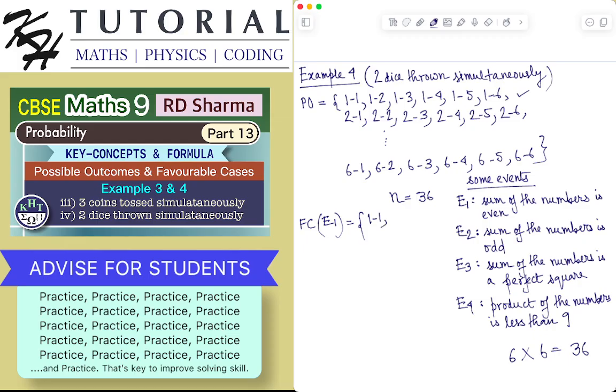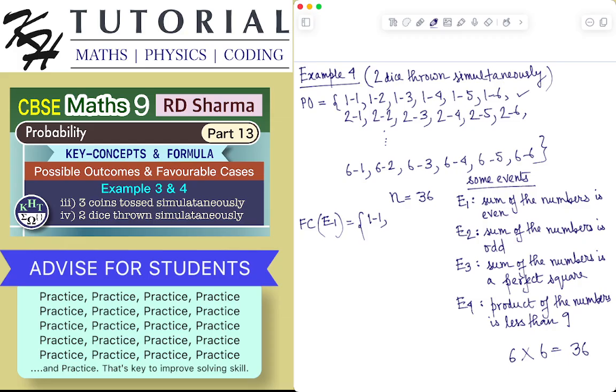Let's try to apply a little bit of mathematics. The number on each of the 2 dice is from 1 to 6. So when will the sum of the 2 numbers be even? Either they are both even or they are both odd. Then only their sum will be even.